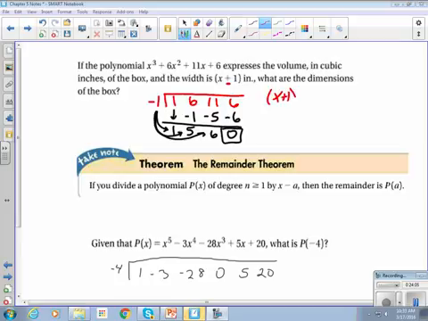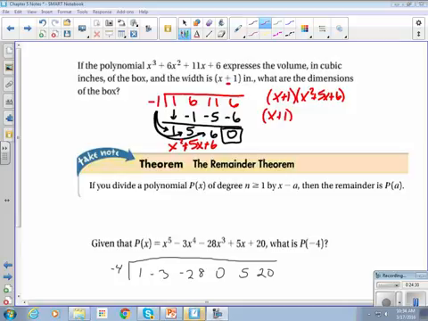So we know that we can write our polynomial as x plus 1 times x squared plus 5x plus 6.